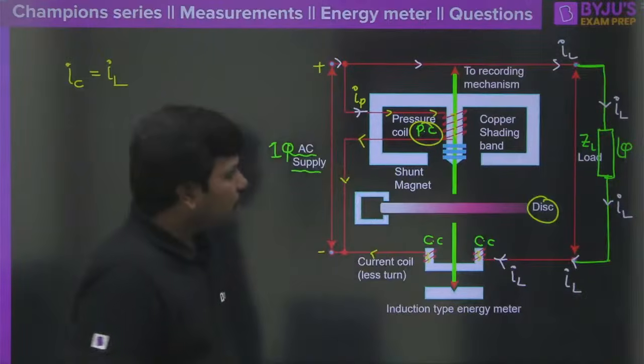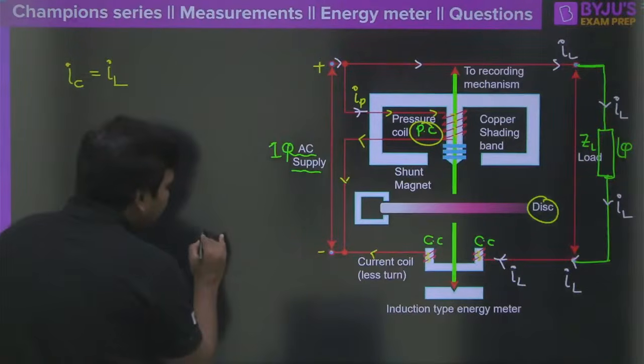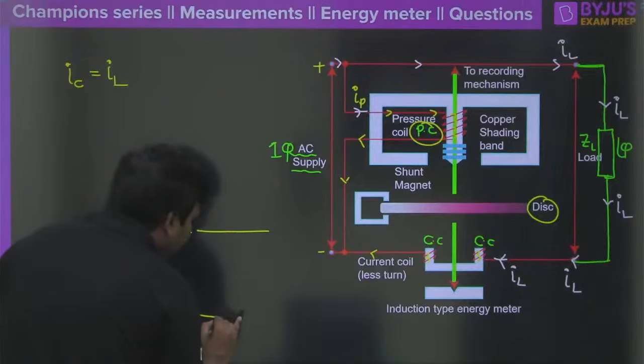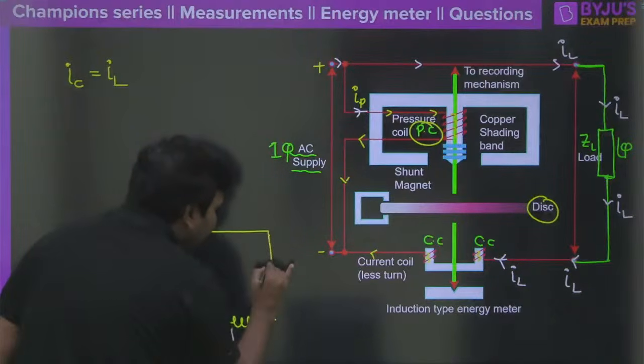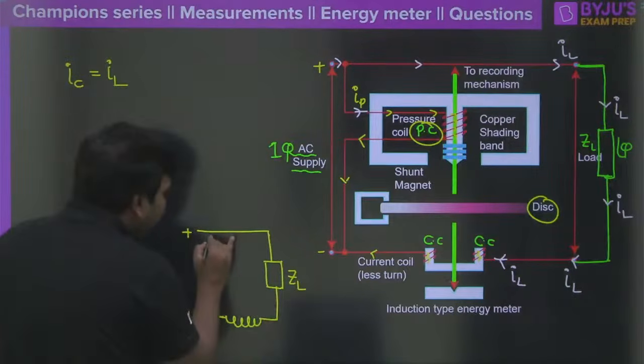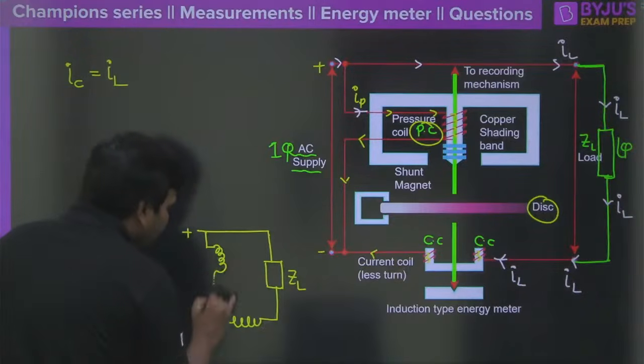So you have the single phase supply, the current coil here, the load impedance ZL, and again a pressure coil here.